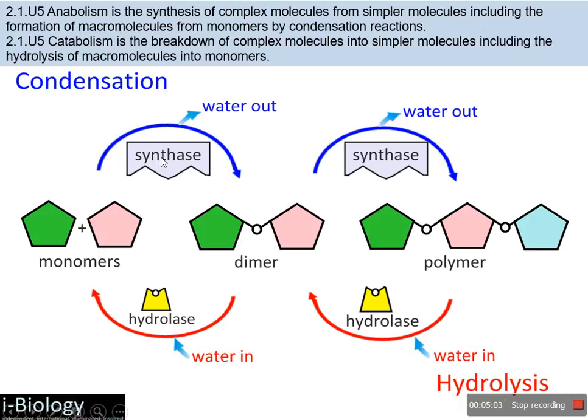It's synthase because it's an enzyme which is going to be synthesizing something else. And at the end, they're going to be joined together, bonded here. The opposite to that, of course, is hydrolysis, where they're being split apart. So we have a hydrolase, an enzyme which is breaking down this bond here, and so we've got 2 monomers out at the end.